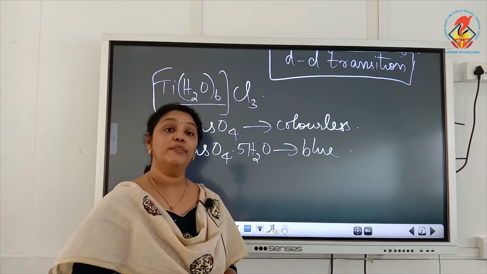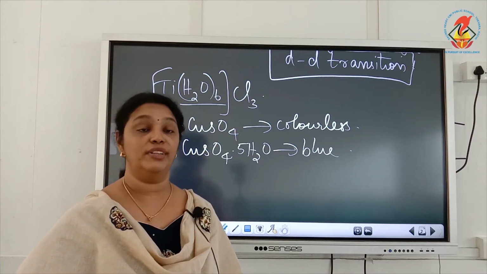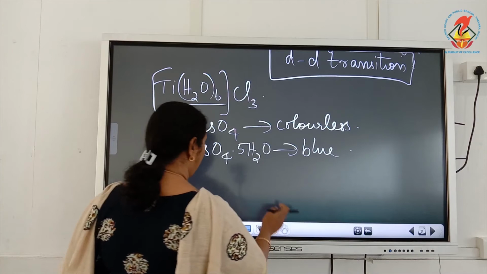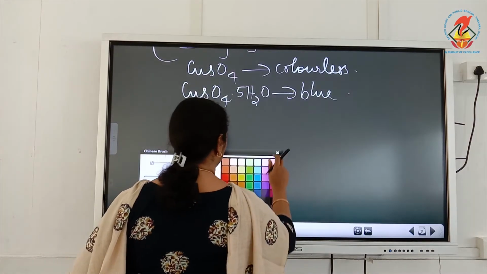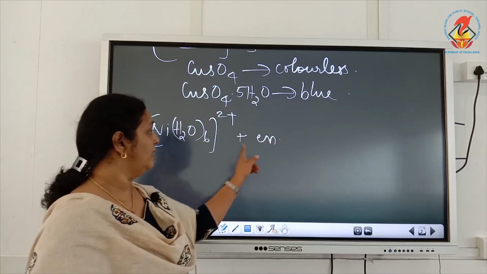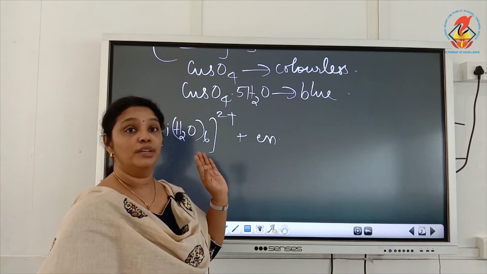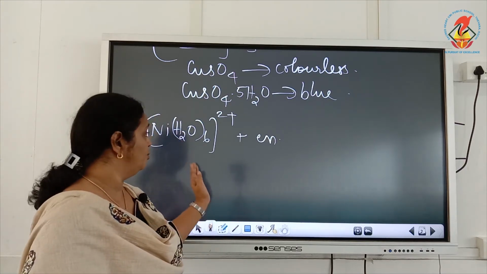Now, the influence of the ligand on the color of a coordination compound can be studied with the help of an example: the reaction of [Ni(H2O)6]2+ with en. Here, en is ethane-1,2-diamine, a didentate ligand. So I am going to replace the ligand H2O with en.